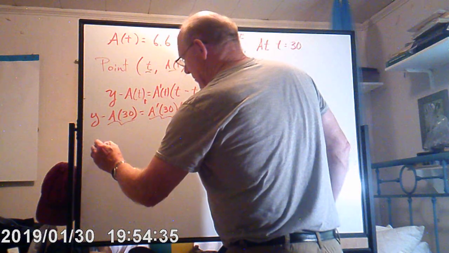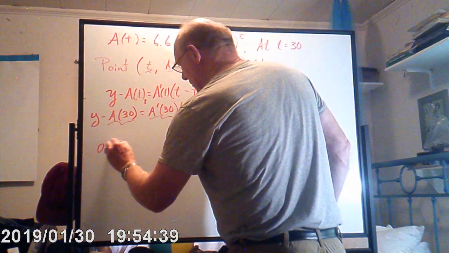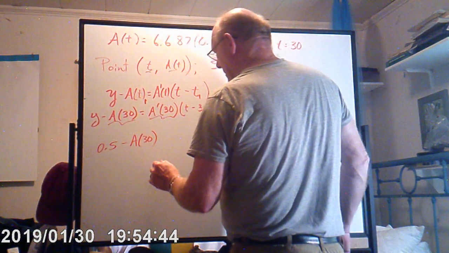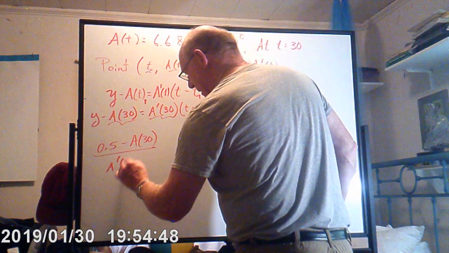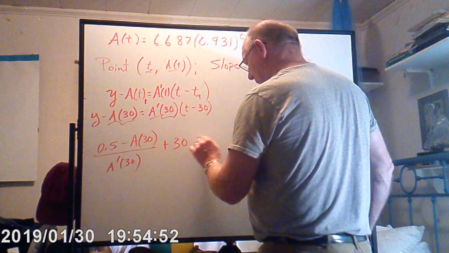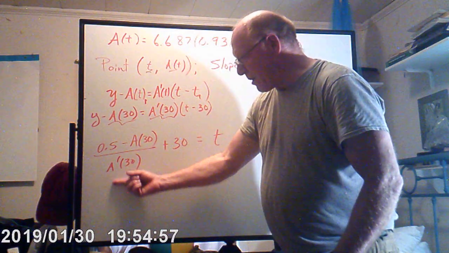So it would be 0.5 minus a at 30, divided by a prime at 30, and then of course plus 30 would be equal to t. And of course that derivative will show up down here.